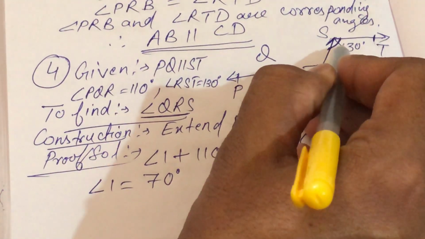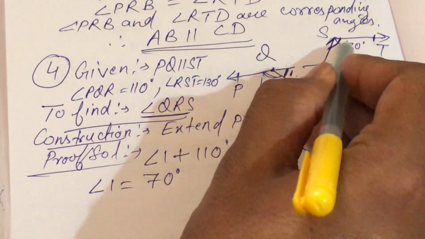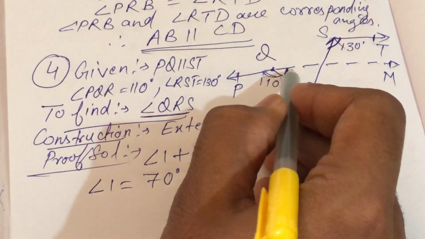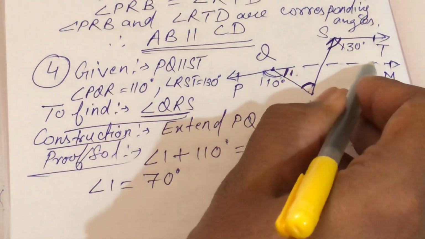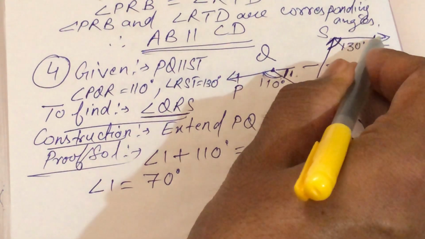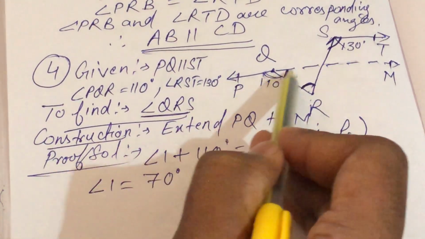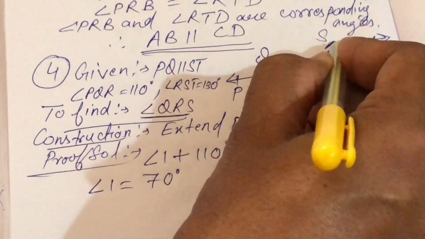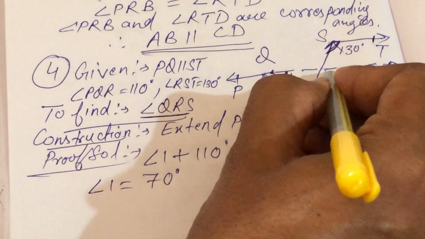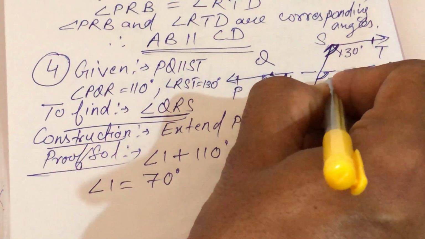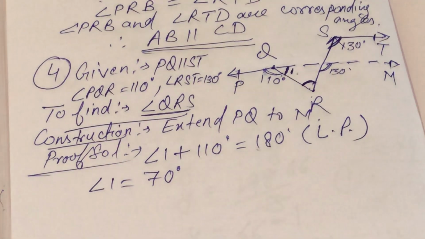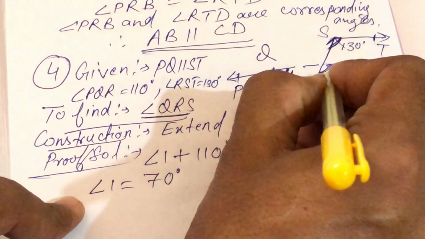Now come to this one. See, this line and this line are parallel because PQ was parallel ना, तो पूरा PM भी parallel हुआ. So if this angle is 130, that means this angle is also 130. I'll name it as angle 2.